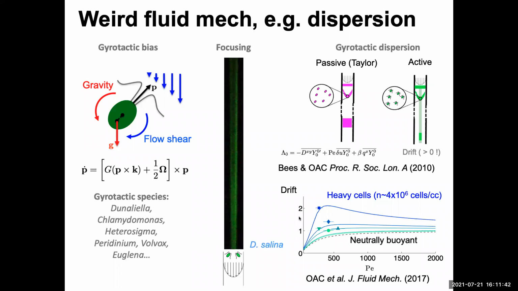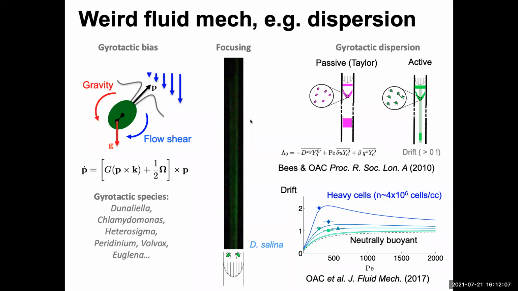And I measured the drift against the Péclet number of the flow, which is a measure of how strong the flow is. And I compared these non-zero drifts for different values of the cell concentration, finding reasonable agreement.